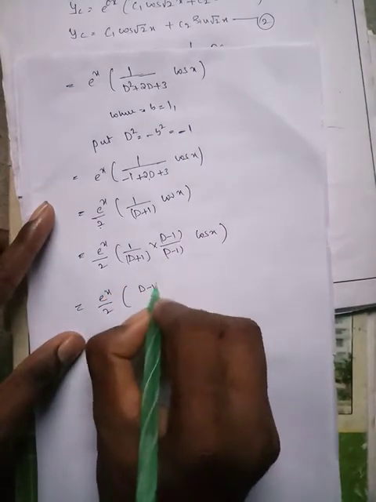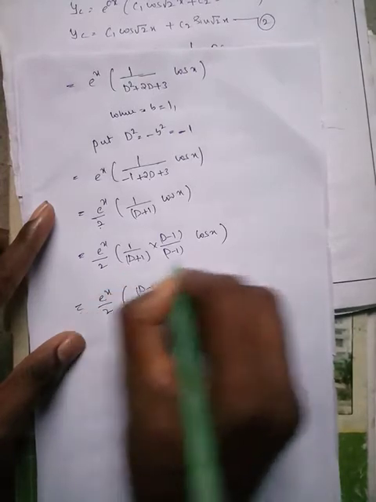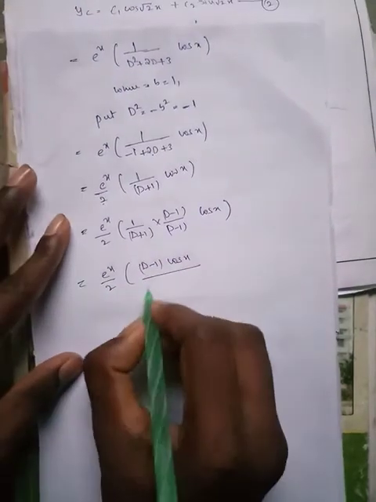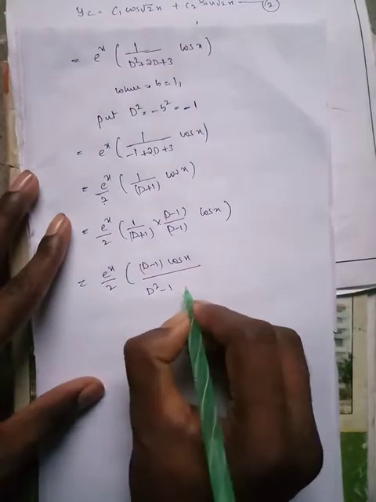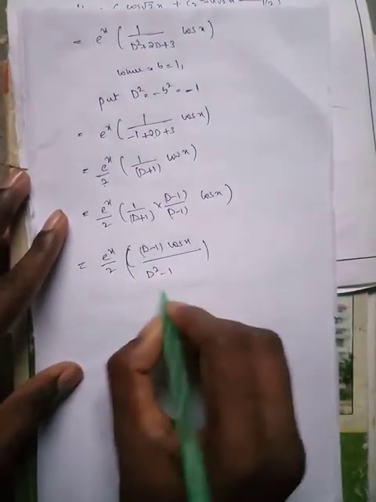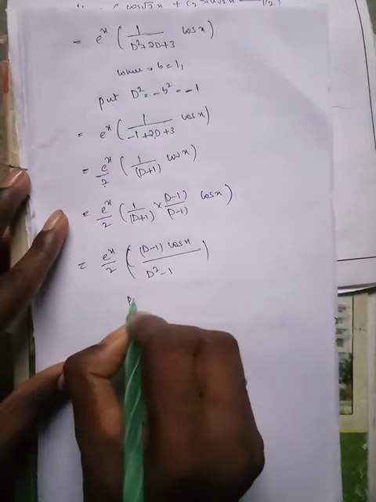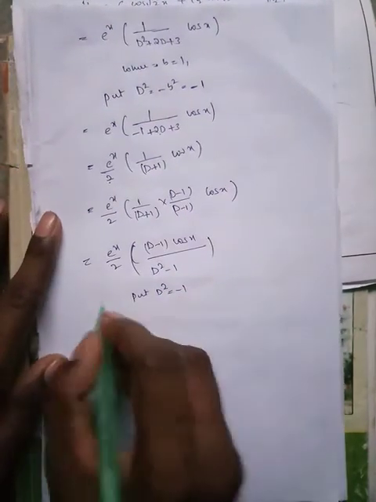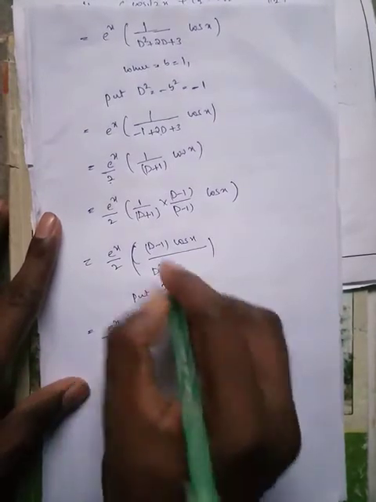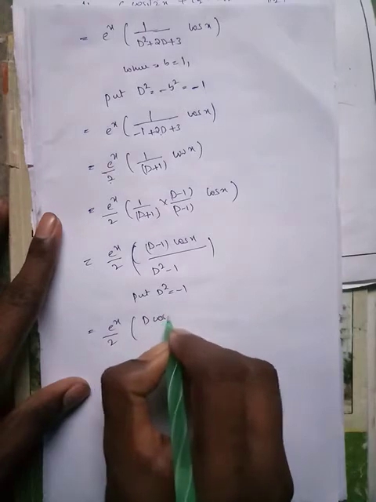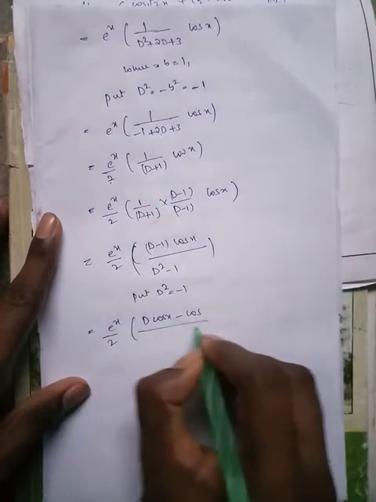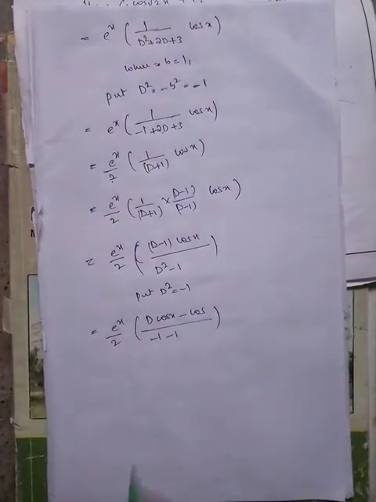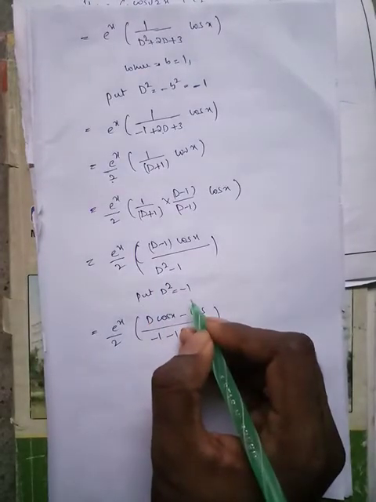For this, (D minus 1) into cos x, which is in the form of (a plus b) into (a minus b), I will get D square minus 1. We know that D square should be replaced by minus 1 for this sum, so minus 1 minus 1. In the place of D square I am substituting minus 1 here. Should not get confused.